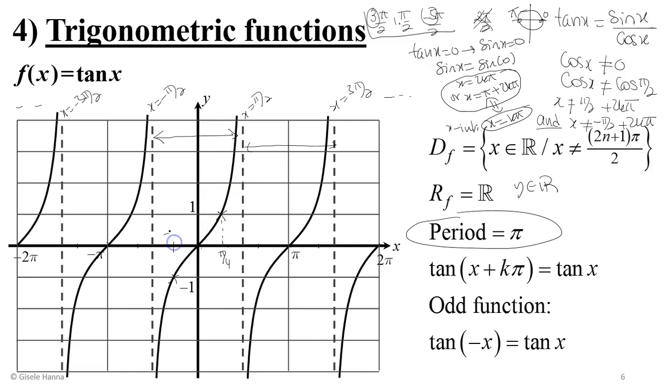And at negative pi over 4, tan is negative 1. Okay, and then of course pi over 4 plus pi, which is 5 pi over 4, also has a tan equal to 1 because tan is pi periodic, and you can actually see that the curve is symmetrical with respect to the origin, which makes it an odd function.